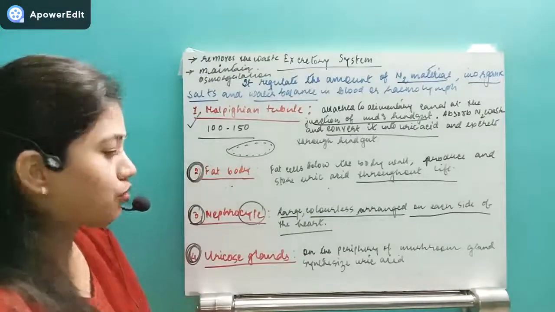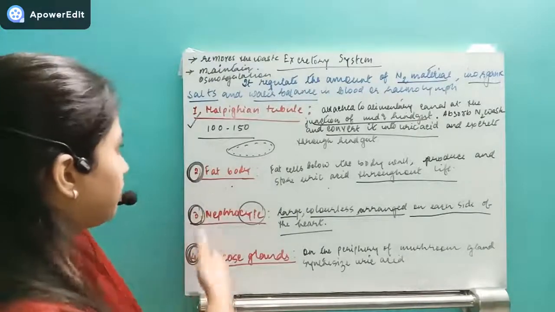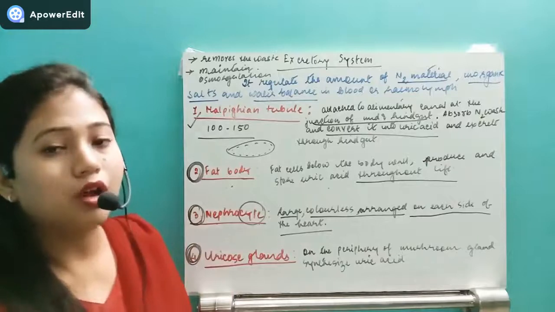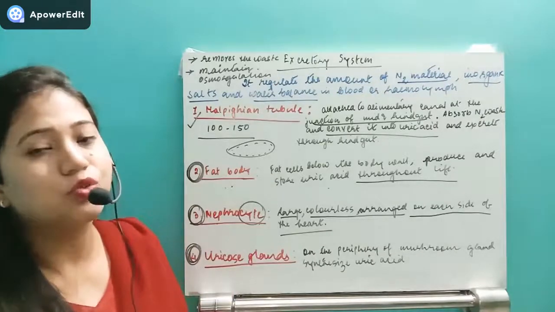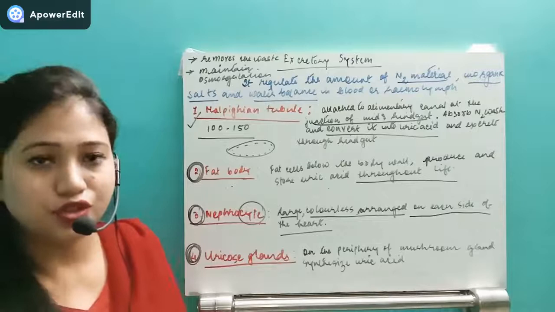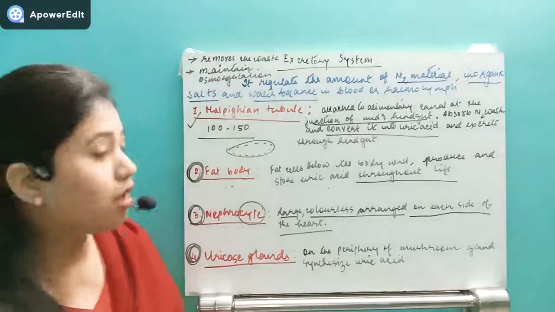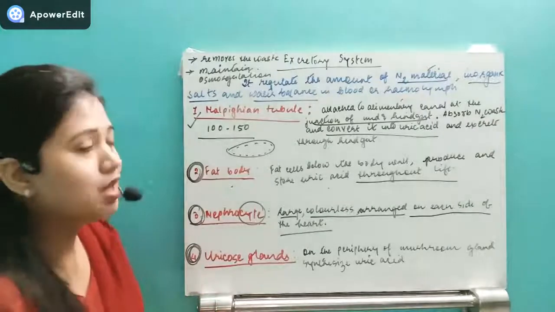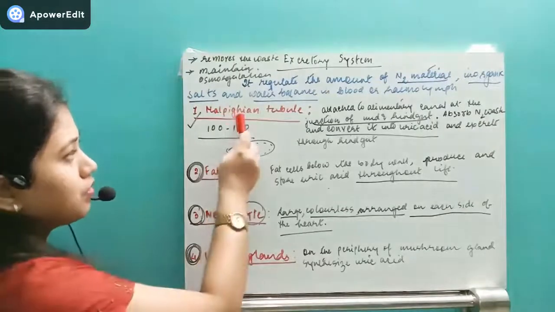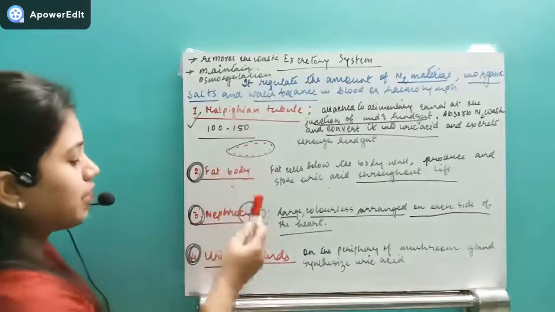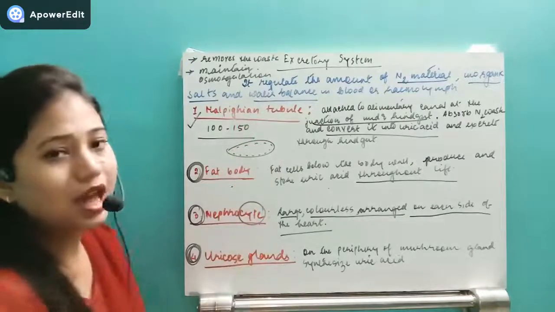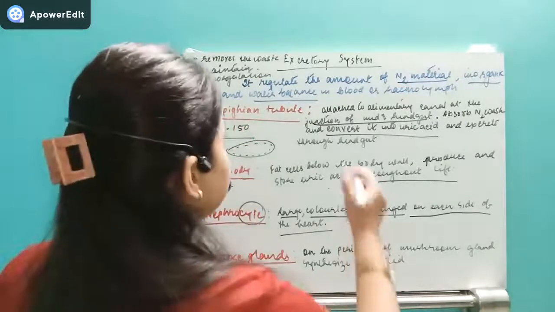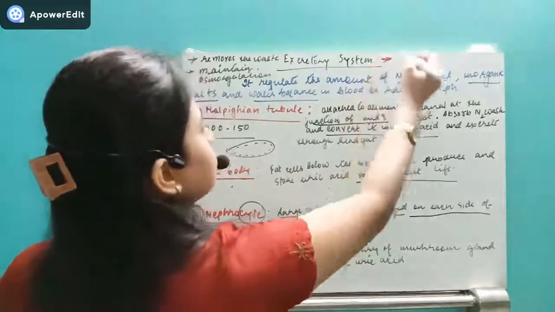So these are the four different types of excretory organs which produce uric acid. Remember that in the excretory system, this organism has Malpighian tubule, fat body, nephrocyte and uricose gland.